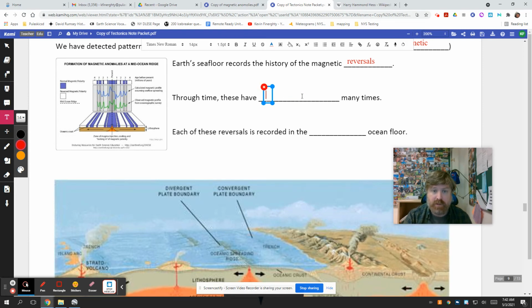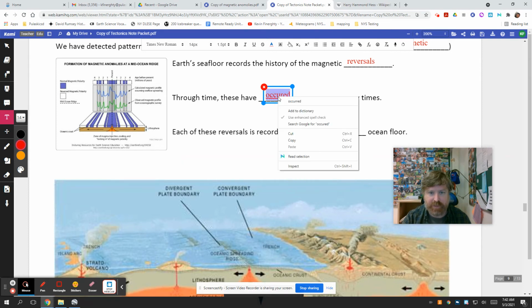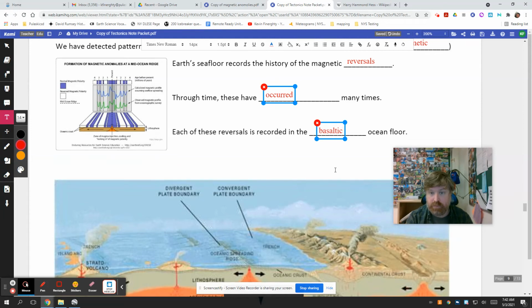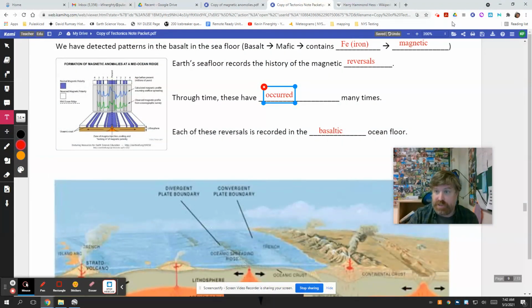Through time, these have occurred many times. Each of these reversals is recorded in the basalt. Cool. All right.